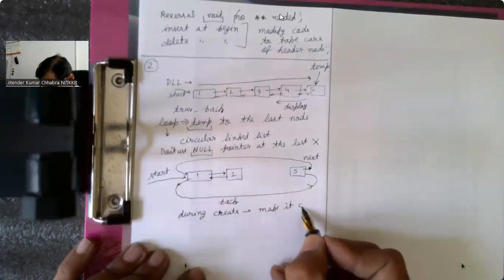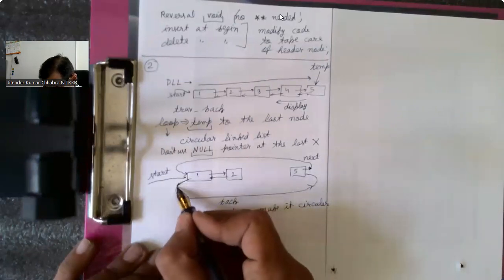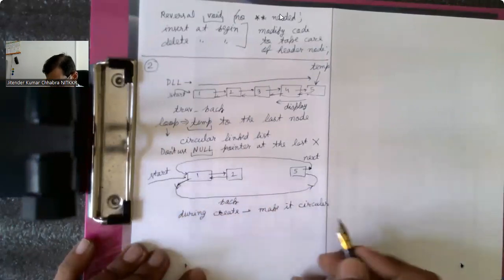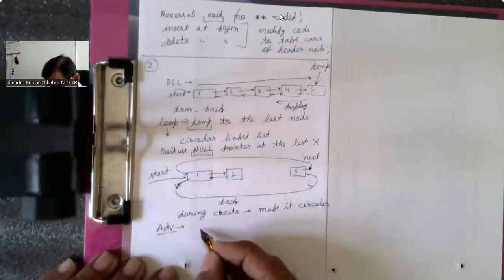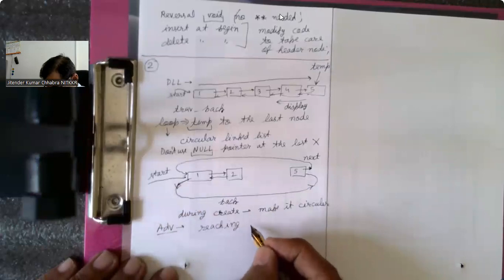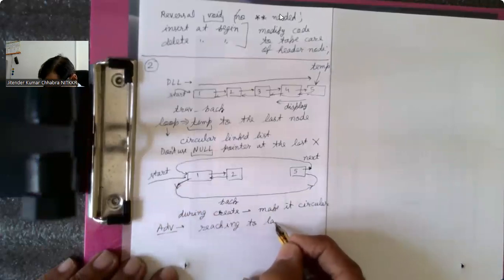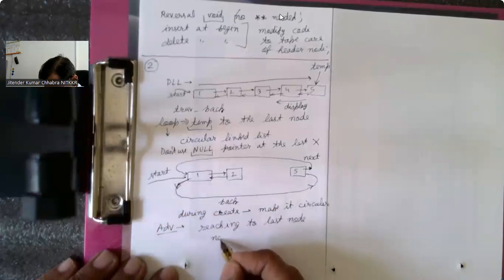And once it is made circular, your pointers are ready to point to this. So the advantage: effectively, reaching the last node is in one step. No loop needed.